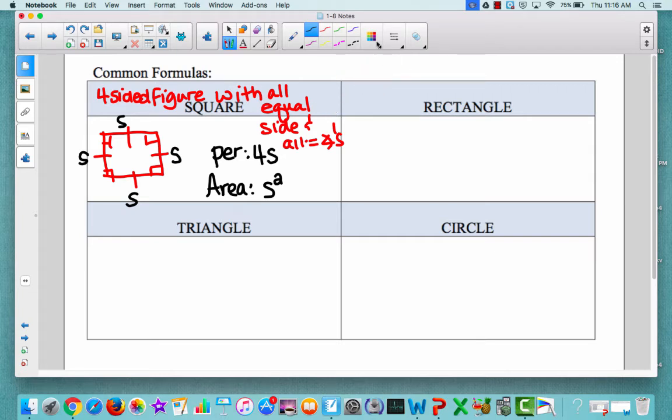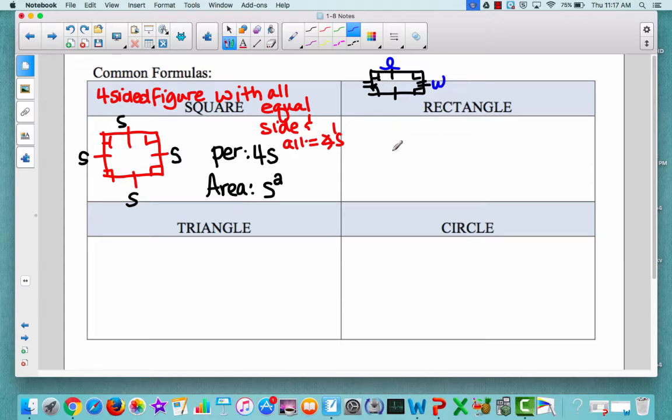All right, a rectangle. A rectangle is kind of like a square. However, it doesn't have all equal sides. It does have 4 right angles. So a rectangle looks like this. It has those 4 right angles, but only opposite sides are equal. So these 2 opposite sides and these 2 opposite sides, using 2 hash marks, are equal. The longer side in a rectangle we call the length, and the shorter side the width.